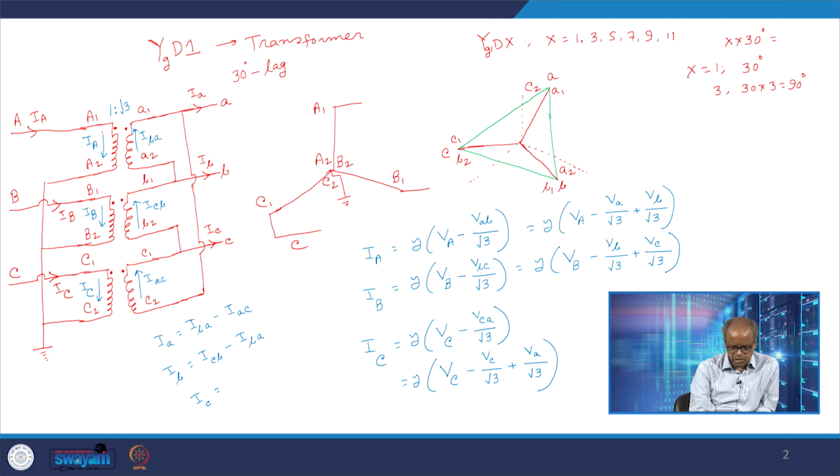So IC would be IAC minus ICB. So these are the relations of the currents at the secondary side. So with these relations, now let us write down.